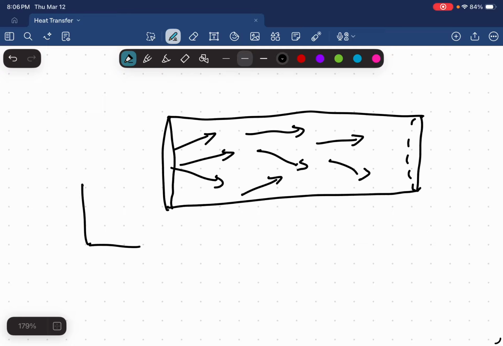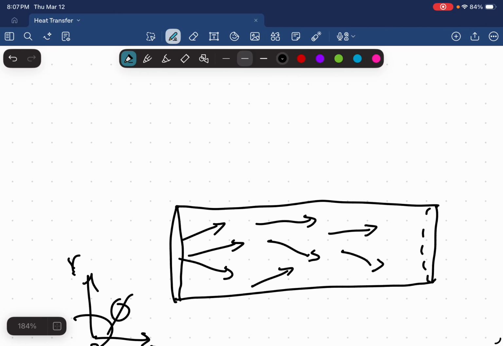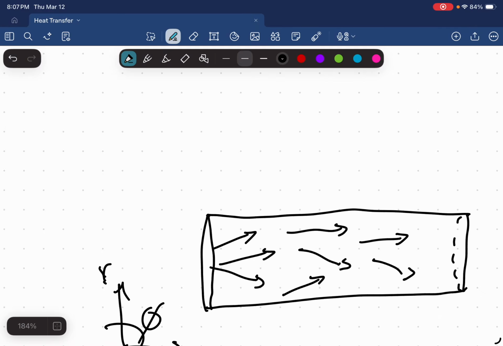This coordinate system is going to be the radius and the z direction, and then there's also going to be a phi angle. So this is for a cylinder, so the coordinate system for that is as follows. Let me just write it really quick. You can skip ahead if you want.